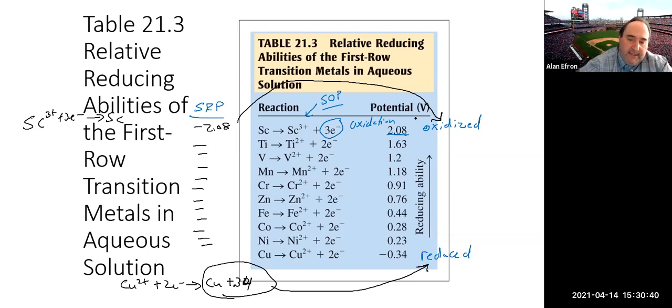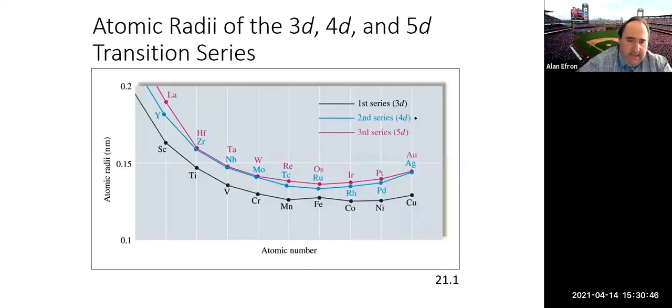Any questions on that? All right. We talked about this as well. Because of all these properties, what we generally see as we go from left to right on the periodic table in terms of size is a decrease in the size of the atom, especially the transition metals. And really, it's the idea of the build-up principle.